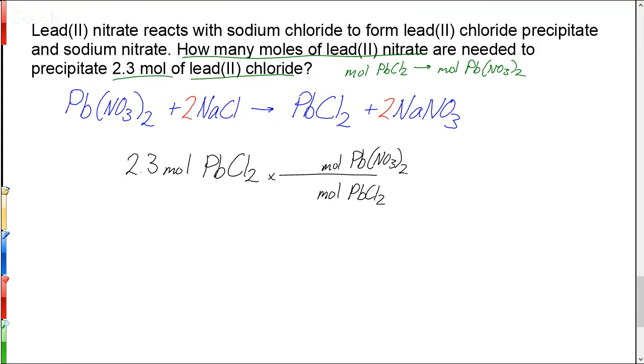To do that, we just take the numbers directly from the equation. In this case, it's 1 to 1. If there's no coefficient out in front in an equation, that's because it's 1. So it's 1 to 1, and therefore the answer is also 2.3 moles of lead nitrate.